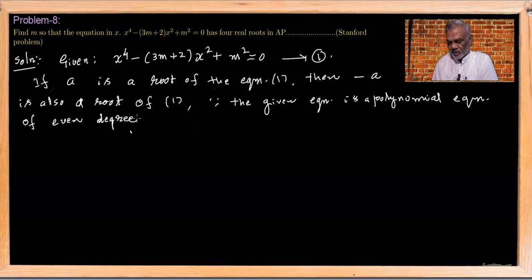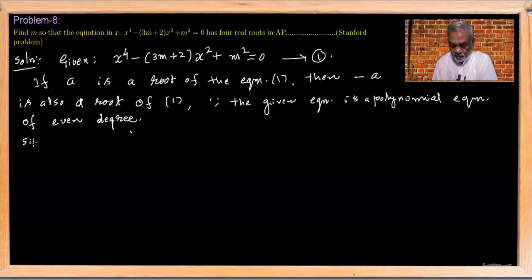That means whenever there is a root a, then its negative is also a root of the equation, because each power of x is an even number, and minus of an even power is going to be positive, and hence for every root a, minus a is also a root of this one.